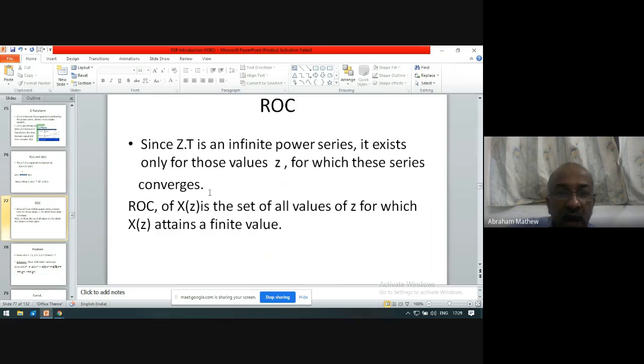And there is the ROC, region of convergence. Since Z transform is an infinite power series, it exists only for those values of Z for which the series converges. That means the region of convergence of x of z is the set of all values of z for which x of z attains a finite value.